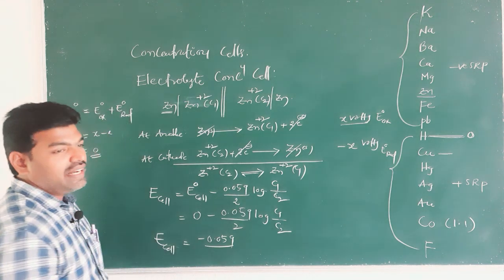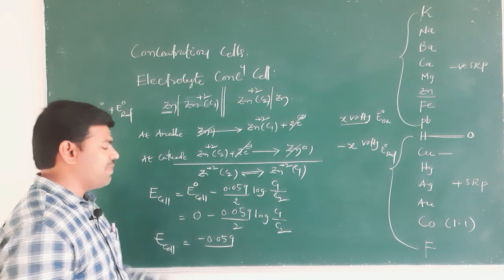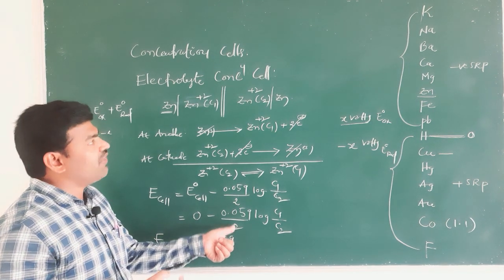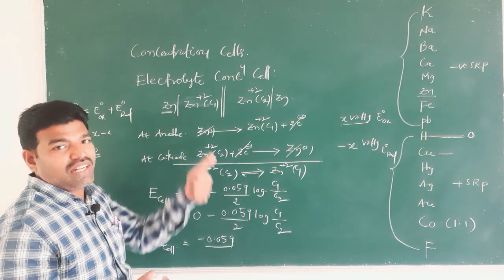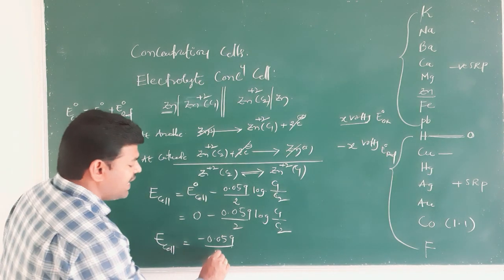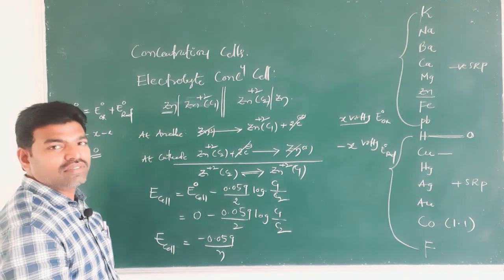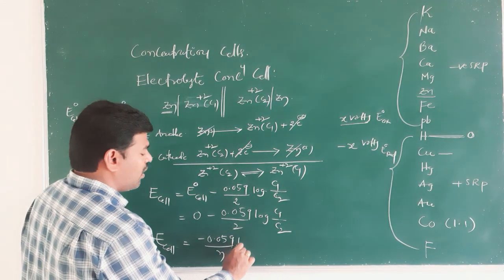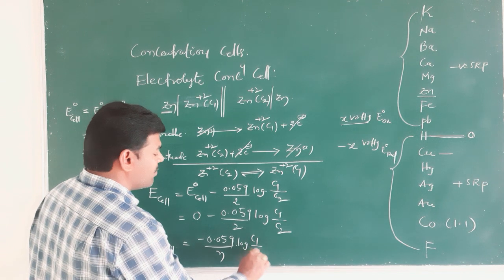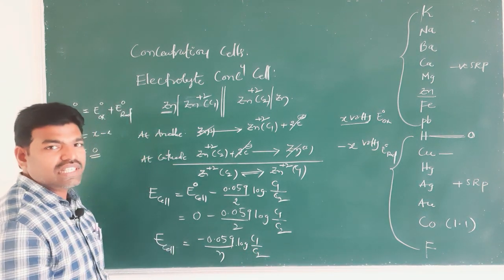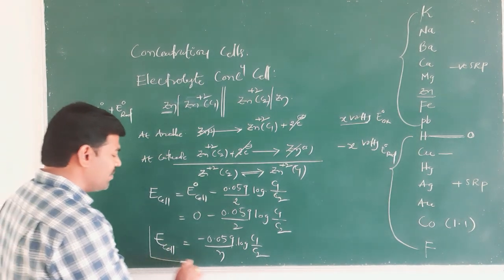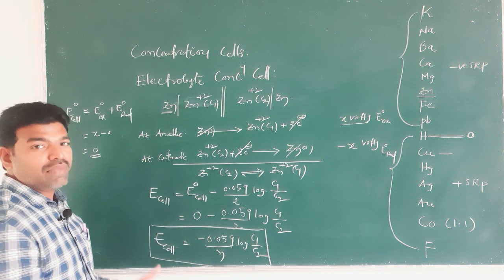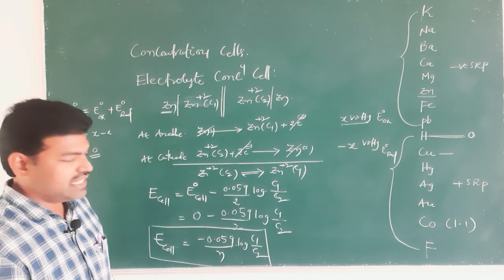Let us write this equation in a universal manner: for this cell we write 2, but in general we write n instead of 2. This is the equation for calculating the EMF of electrolyte concentration cells.